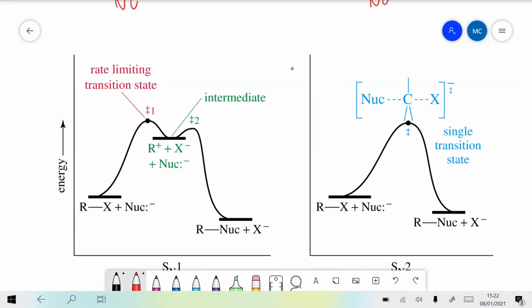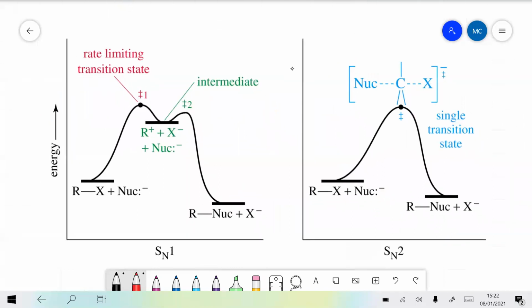Now, these are the energy diagrams, and you can see that for SN1, you have 2 peaks, but what's important is the intermediate. Intermediates can be trapped. It's hard to trap them normally, but intermediates can be trapped.